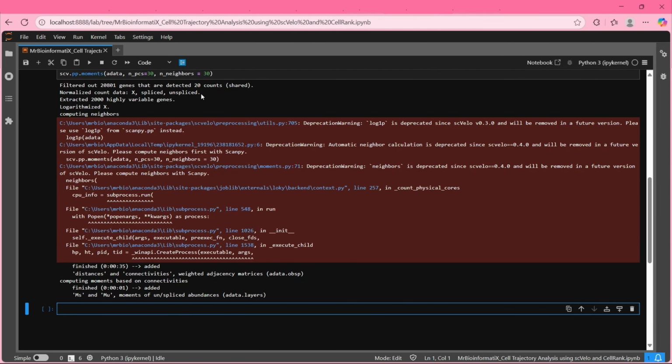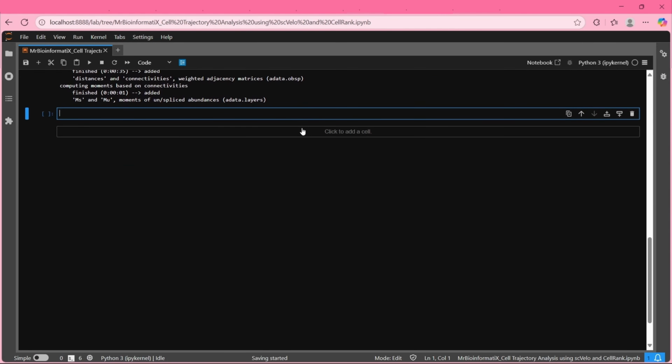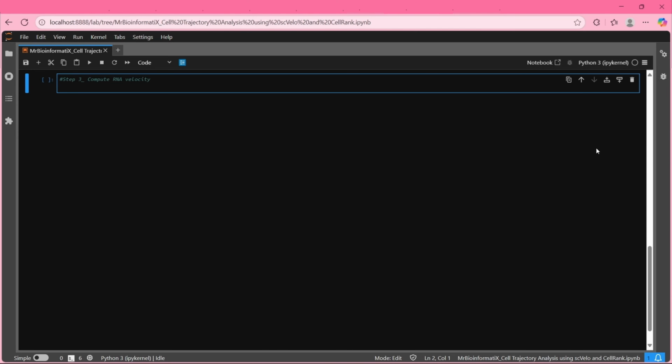So let's go for step 3. We estimate for each cell and gene how the expression level is changing, that is whether it's increasing, upregulated, or decreasing, downregulated.